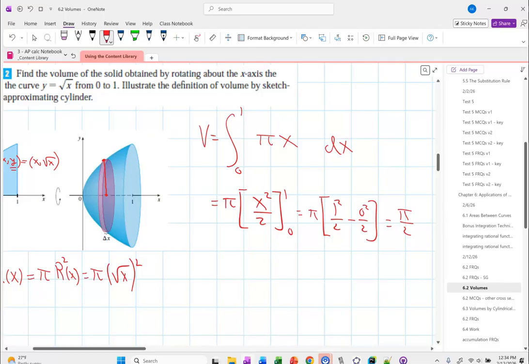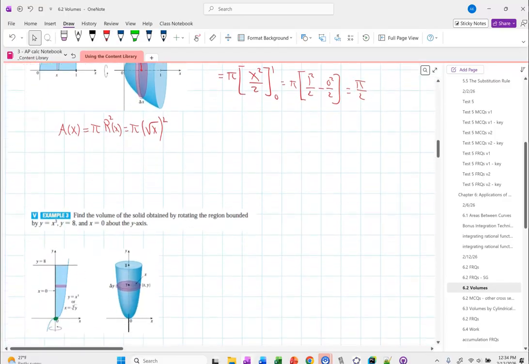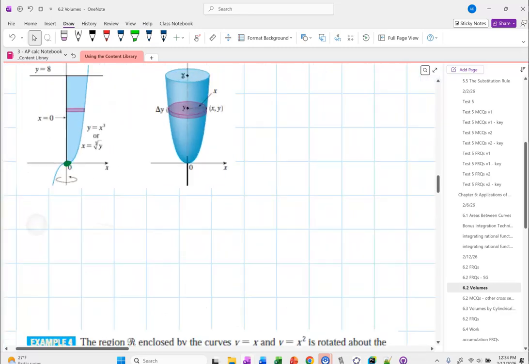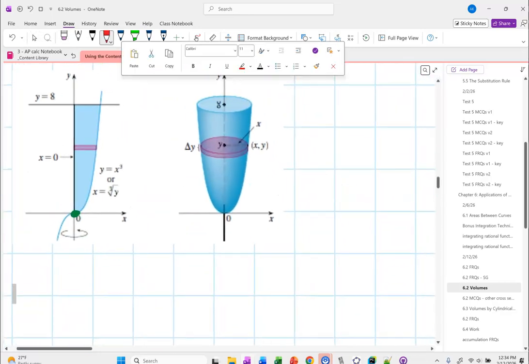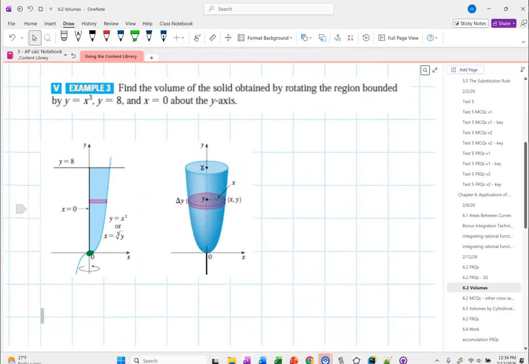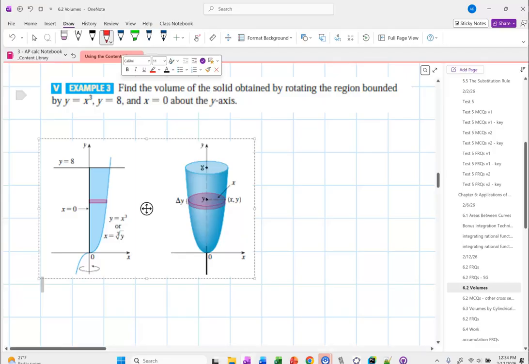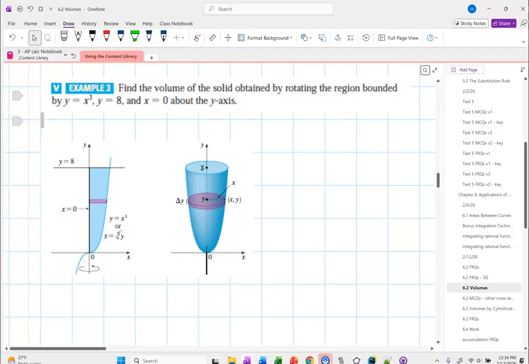Everybody's okay? Let's do another. Okay. Find the volume of the solid obtained by rotating the region bounded by y equals x cubed, y equals 8, and x equals 0 about the y-axis.